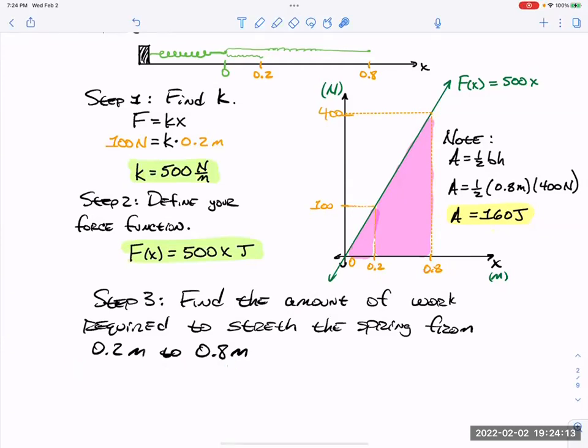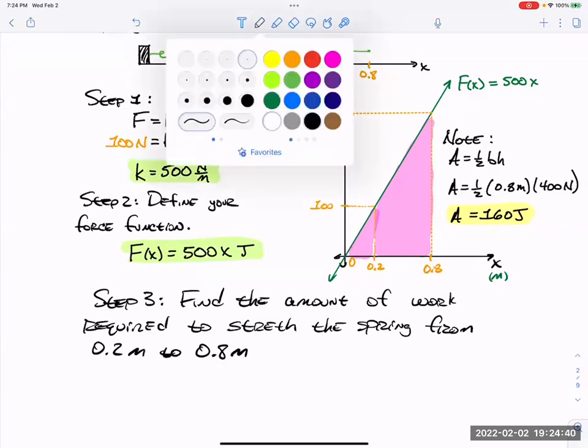Oh, that's probably a mistake there. In my notes, it looks like it is. So be sure you fix this. Sorry about that.